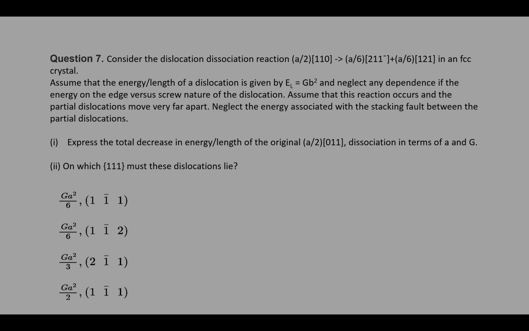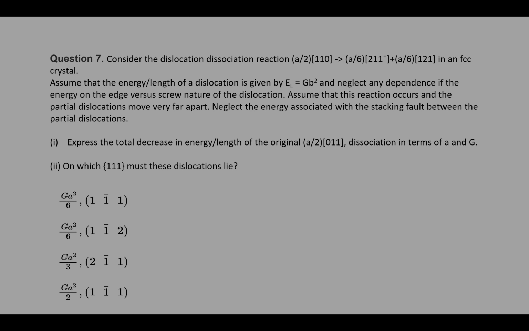Assume that the energy by length of a dislocation is given by EL equal to G b square, and neglect any difference in the energy of the edge versus screw nature of the dislocation.